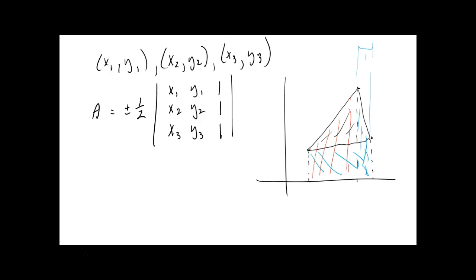So let's do one. Find the area of the triangle whose vertices are (1, 0), (2, 2), (4, 3).